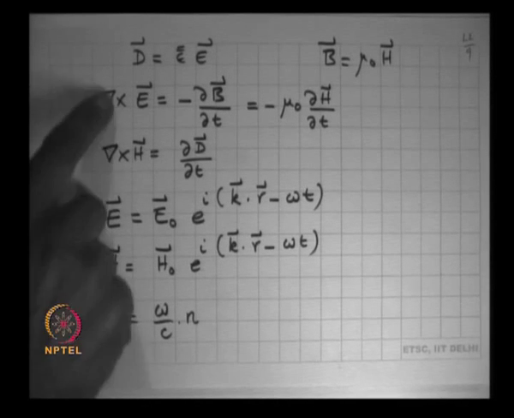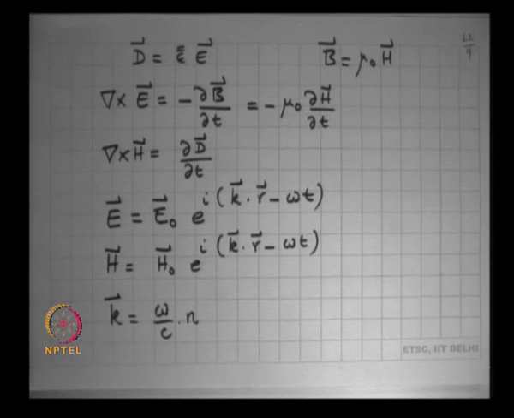These are the two Maxwell's equations we will use to study propagation of waves, and what we try to look for is plane wave solutions of the type given by E is equal to E0 exponential i (k dot r minus omega t). Now, as I was mentioning in the last class, if I assume E0 vector to be independent of position, it implies that we are looking for solutions where the state of polarization represented by this E0 vector is maintained as the wave propagates.